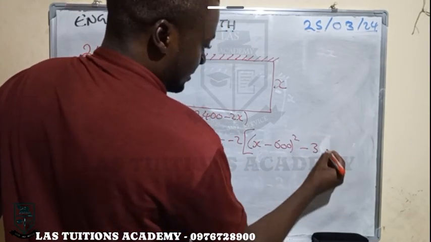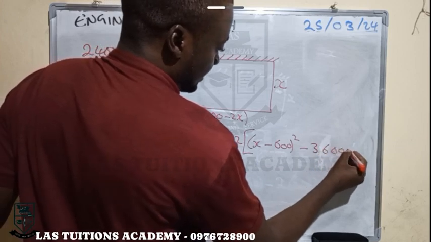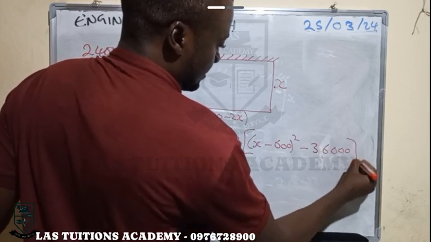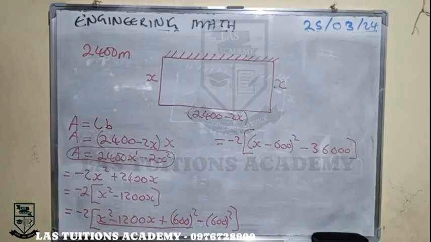Is it 36,000, Brandon? What do we get for 600 squared?